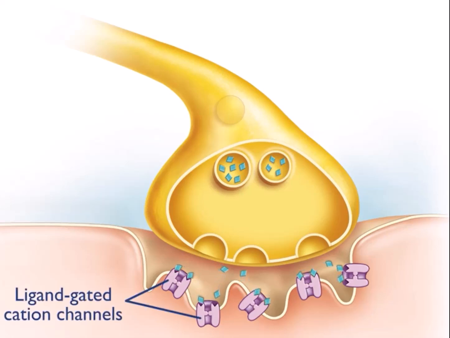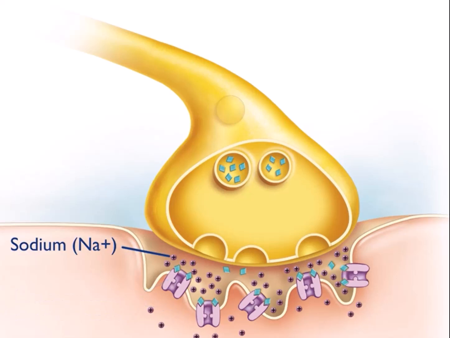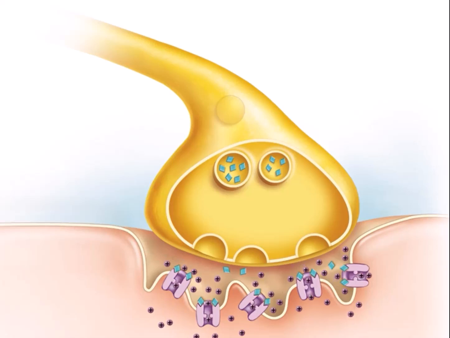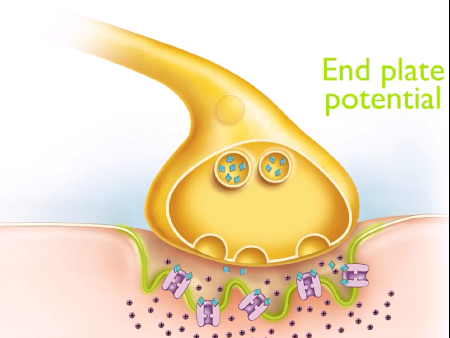Acetylcholine receptors are ligand-gated cation channels that open and allow sodium ions to pass when acetylcholine binds to them. Notice the folds in the motor end plate. These increase its surface area, so there could be many acetylcholine receptors concentrated close to the site of acetylcholine release. As positively charged sodium ions enter the muscle fiber, a local depolarization develops in the motor end plate. We call this depolarization an end plate potential. In the next section, we will look at how this electrical change in the muscle fiber spreads and leads to contraction.